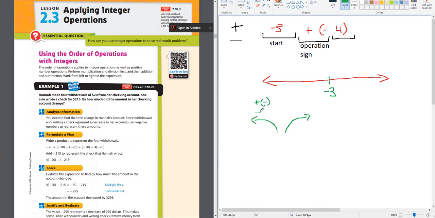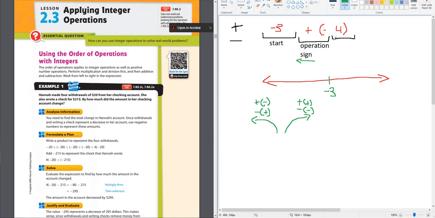And if you're minusing a positive number, you should also go to the left. If you're adding a positive number, you should go to the right. And if you're minusing a negative number, you should go to the right. So you see here, same signs, you go to the right. Different signs, you're going to the left. In this case, I'm going left because I'm adding a negative number.